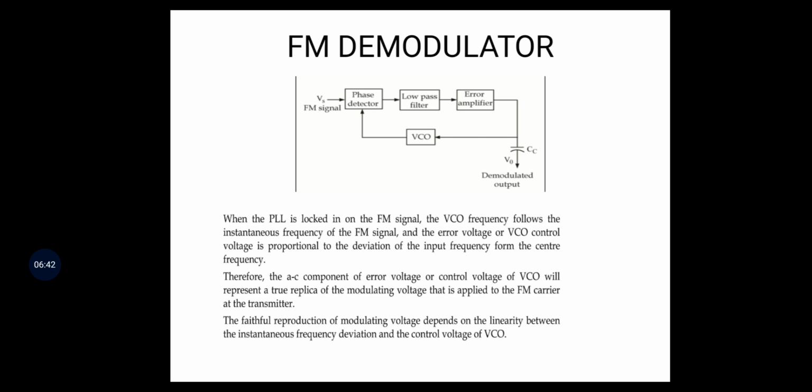Therefore, the AC component of the error voltage or control voltage of the voltage control oscillator will represent a true replica of the modulating voltage that is applied to the FM carrier at the transmitter. The faithful reproduction of the modulating voltage depends on the linearity between the instantaneous frequency deviation and the control voltage of the voltage controlled oscillator.